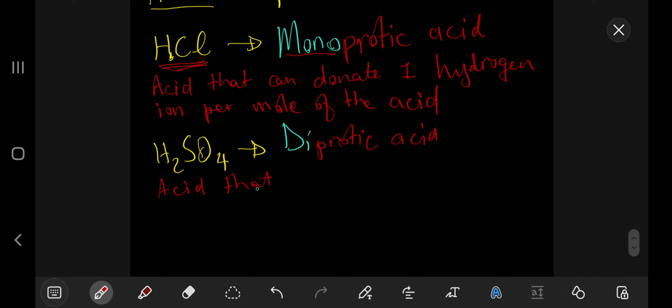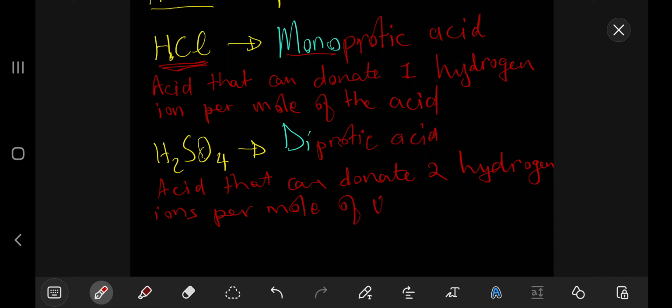So this is an acid that can donate 2 hydrogen ions per mole of the acid. So it means 1 mole of this can generate 2 hydrogen ions.